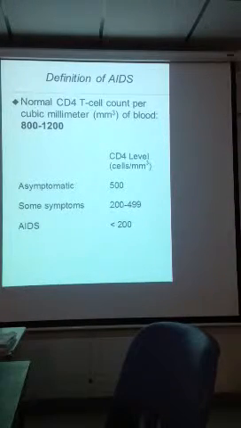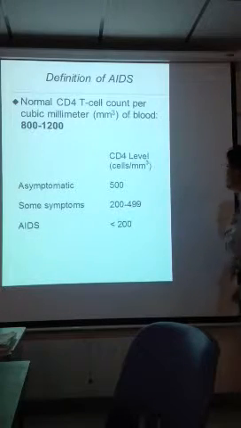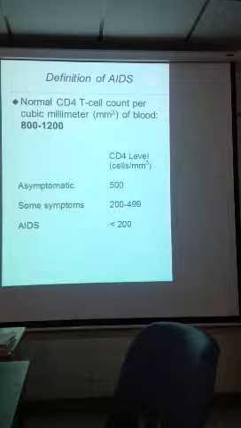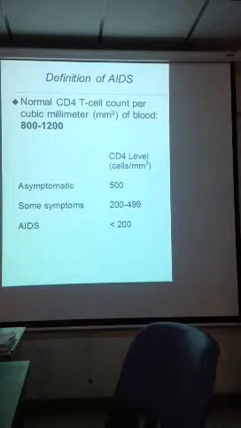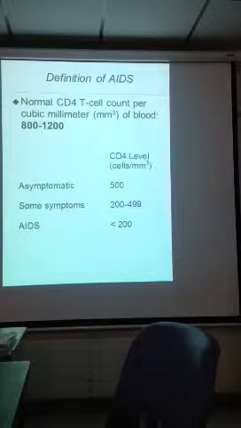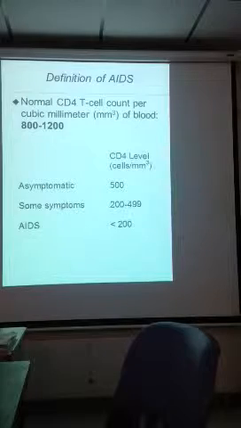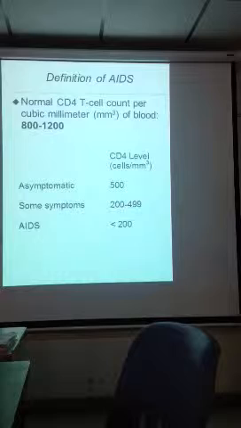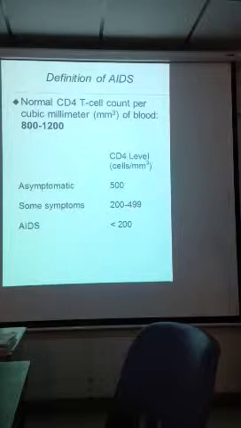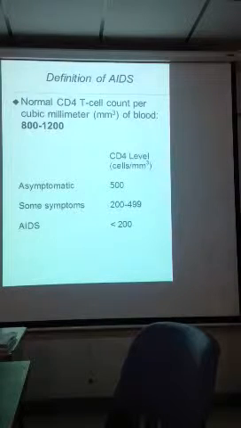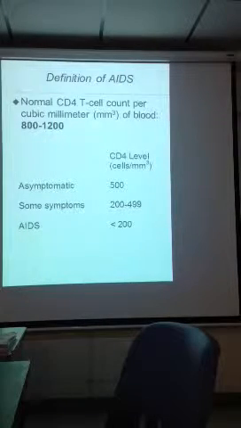And what we count is the number of T cells, helper T cells, per cubic millimeter of blood. Okay. So in normal patients, that would be between 800 to 1200 T cells per cubic millimeter of blood. Okay? And that's actually a pretty small amount. Right? You have to measure millimeter by millimeter by millimeter. It's a really tiny cube. All right? There's going to be up to 1200 CD4 T cells.